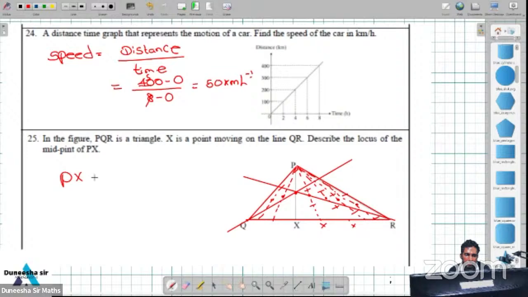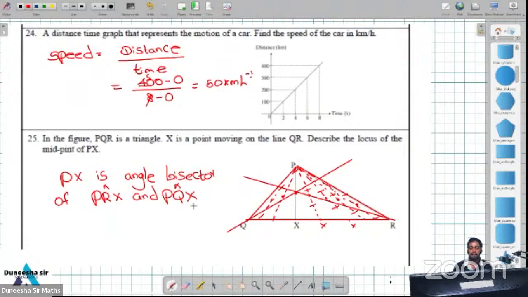PX is the angle bisector of PRX and PQX.